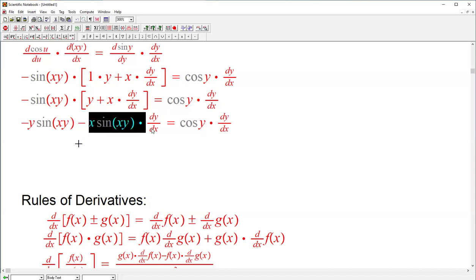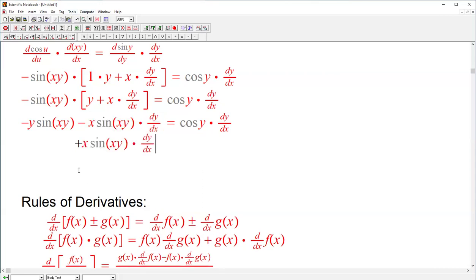To do that, we're going to use our algebraic rule. We're going to add this term on both sides.